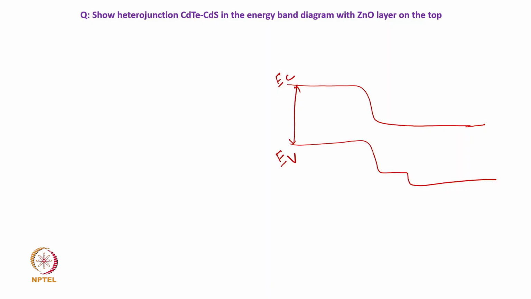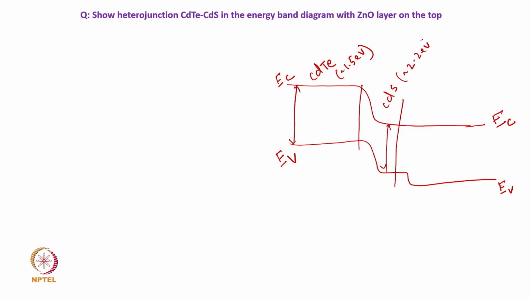Now, this is the CdTe side, whose band gap is around, say, 1.5 electron volt. And then you come to the junction with a slightly higher band gap, which is CdS, approximately 2.2 electron volt. And then you come to the third layer, that is ZnO, whose band gap is approximately 3.3 electron volt.